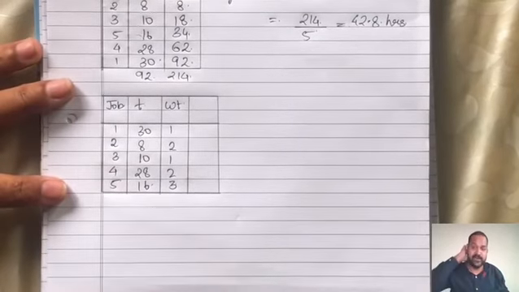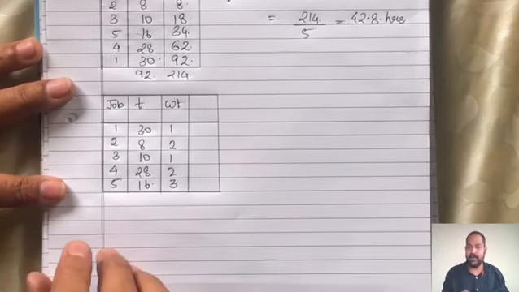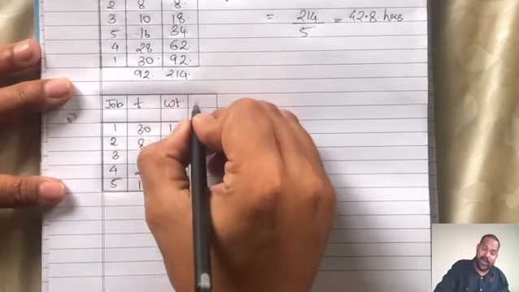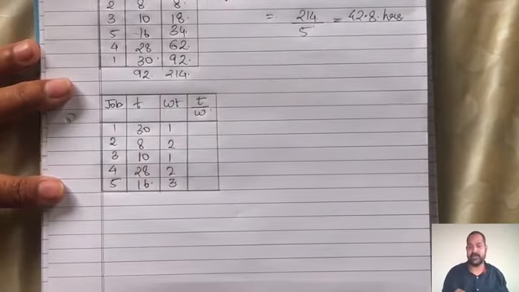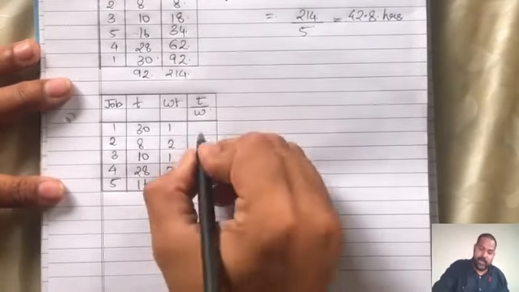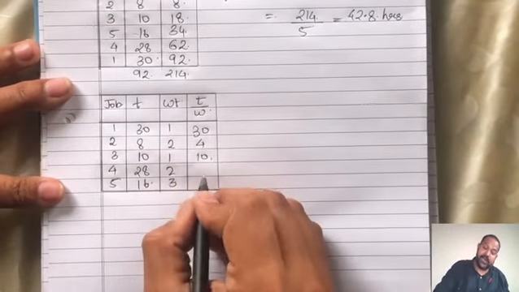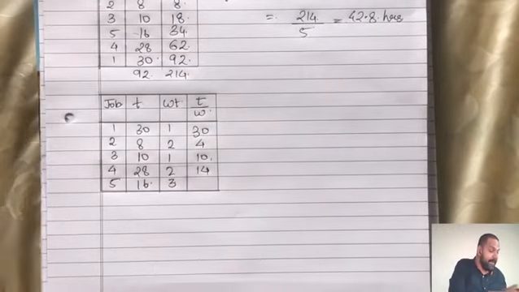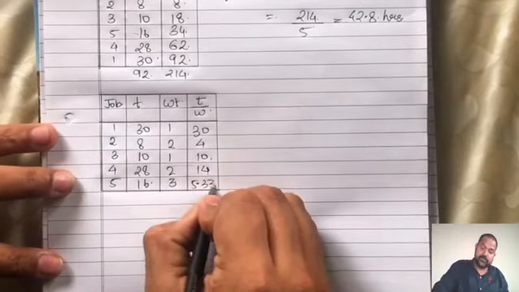So the difference here is, when I apply weights, I will not multiply. To increase importance, I have to reduce time, and that is why I am going to divide the time by the weights. 30 by 1 is 30, 8 by 2 is 4, 10 by 1 is 10, 28 by 2 is 14, and 16 by 3 is 5.33.